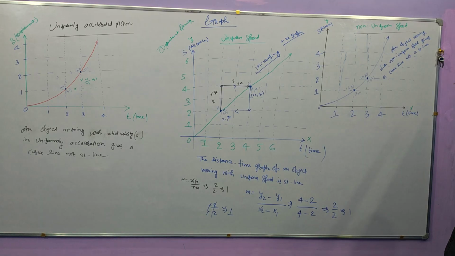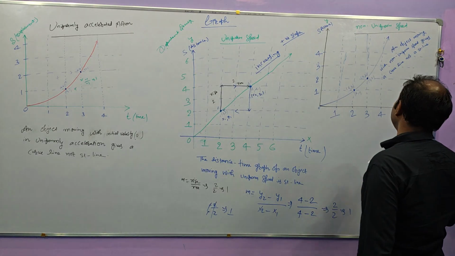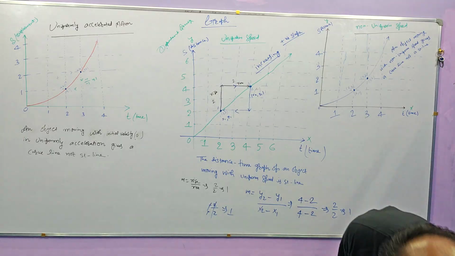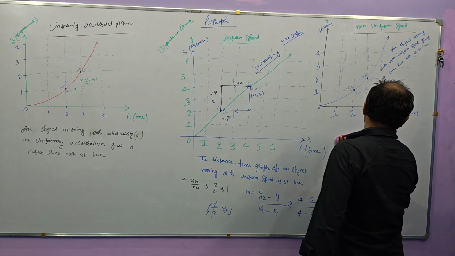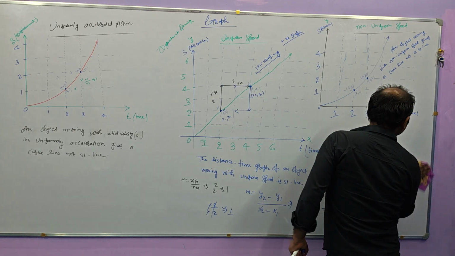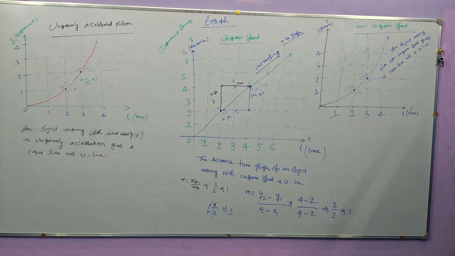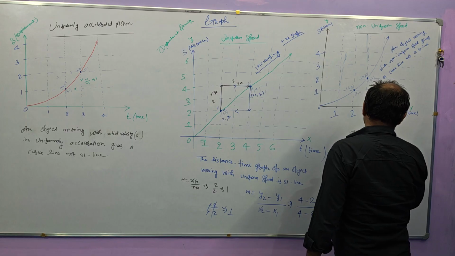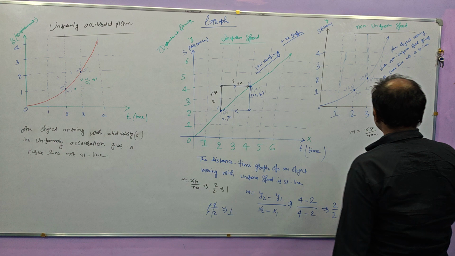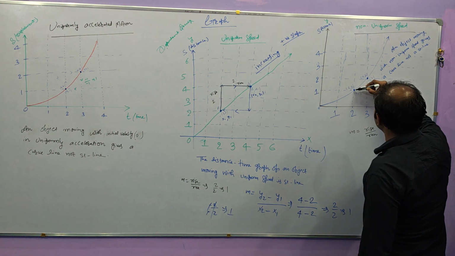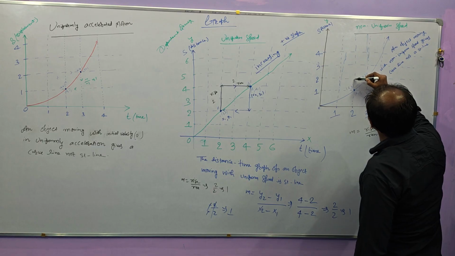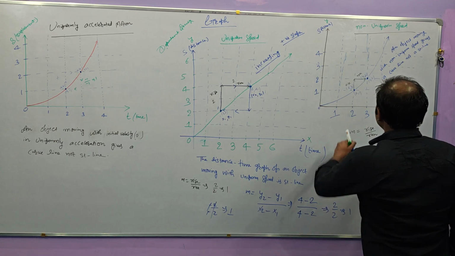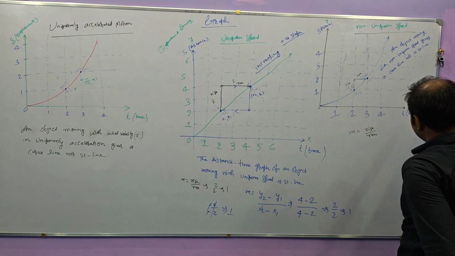We have m is equal to rise upon run. Similarly, this is our rise and this is our run, and we have a 1 unit rise, 1 unit run.